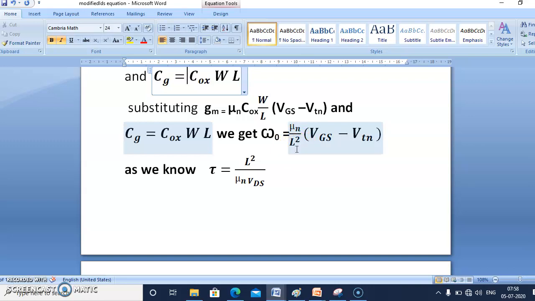So when the channel length is reduced for a process, the speed of the circuit increases by root 2 times. These are the conclusions drawn with the figure of merit omega naught.